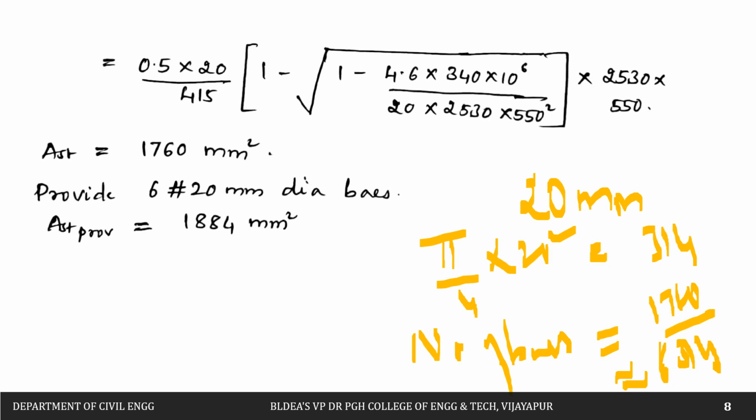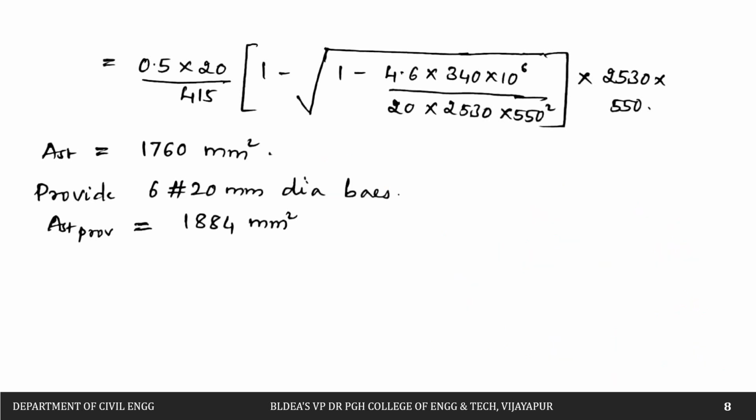Therefore we can provide 6 bars of 20 mm dia. So Ast provided will be equal to 1884 mm square.